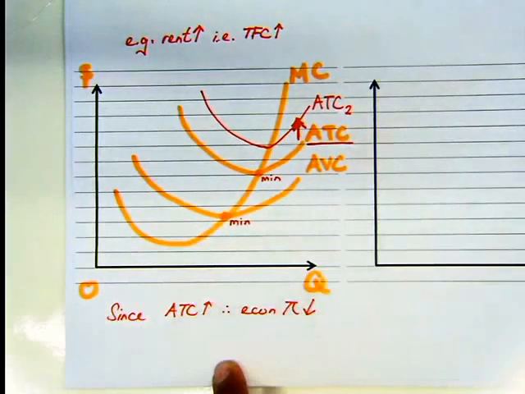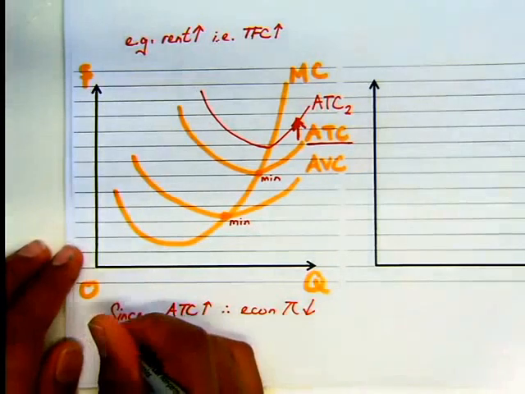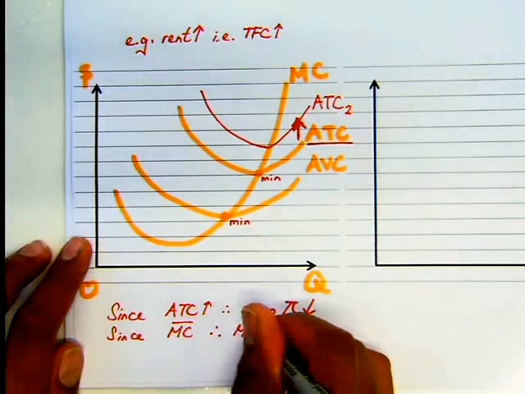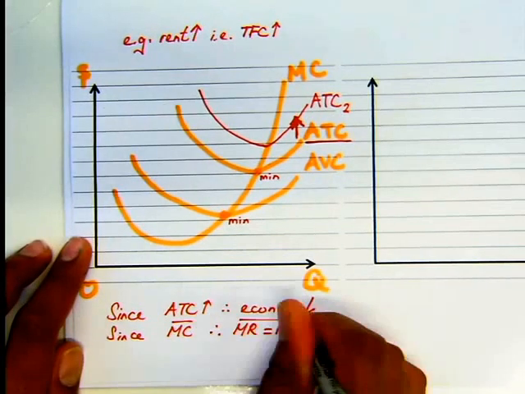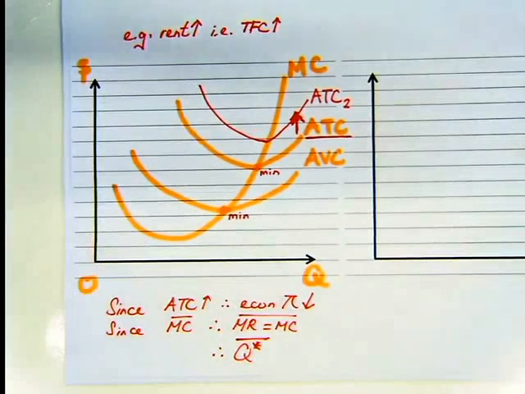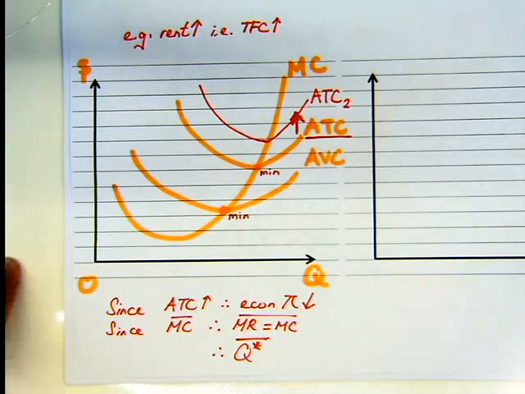No. The next conclusion is, since MC hasn't changed, therefore MR equals MC hasn't changed, therefore the firm's quantity, the bar on top means constant, the firm will continue to produce the same quantity.